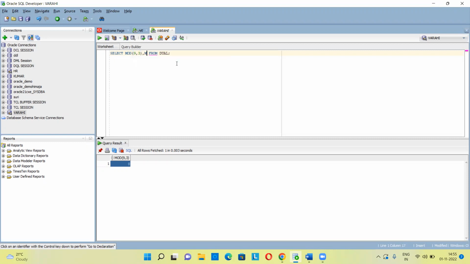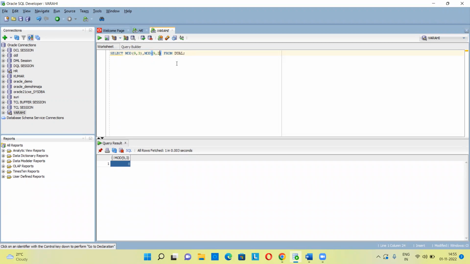Let's do one thing. Let me write one more example here. 9, 2. So now it's nothing but 9 by 2. 9 divided by 2. What will be the remainder value? 2 twos are 4, 2 threes are 6, 2 fours are 8.